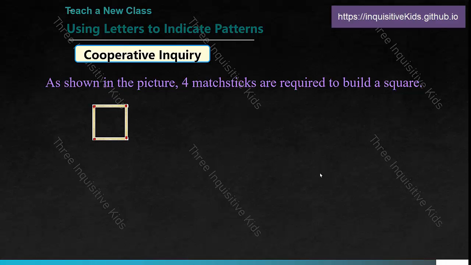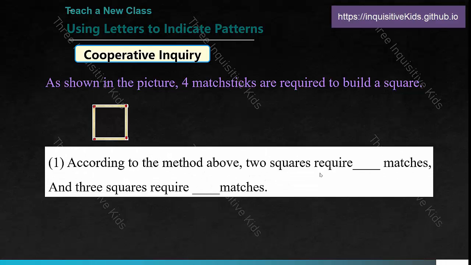So now we're going to start using letters to indicate patterns. As shown in the picture, 4 matchsticks are required to build a square. 1. According to the method above, 2 squares require how many matches, and 3 squares require how many matches?